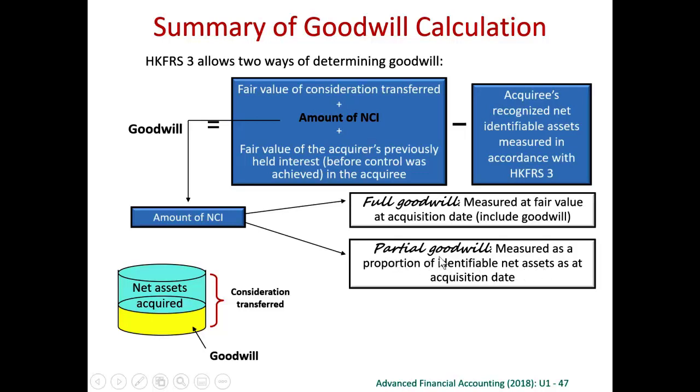We call this the partial goodwill method. Accounting standards do not use the names full goodwill method and partial goodwill method. These are just names given by the textbook. Accounting standards only tell you that you can measure non-controlling interest at fair value, or as a proportion of the identifiable net asset.